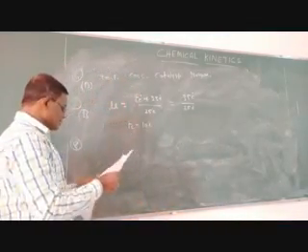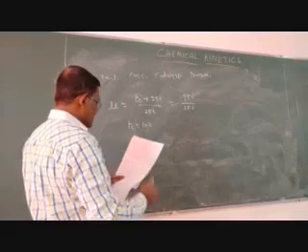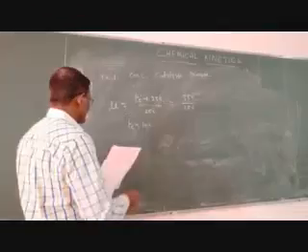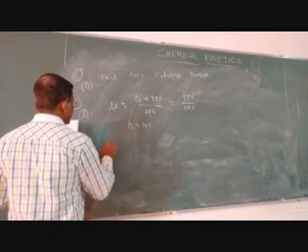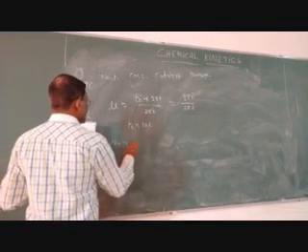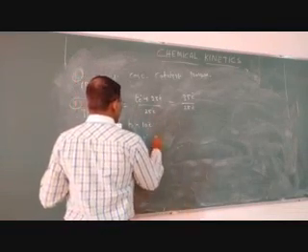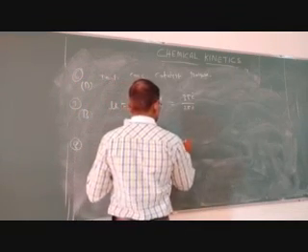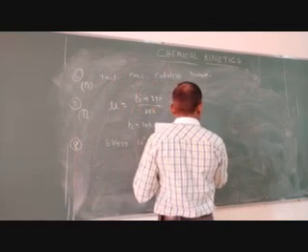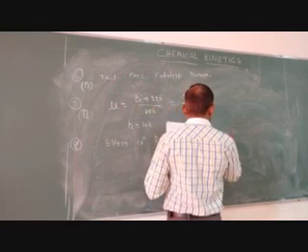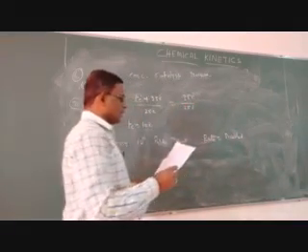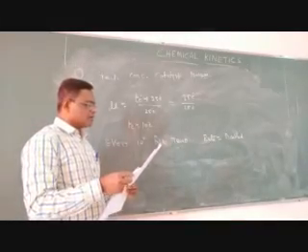So what is meant is: for every 10 degrees centigrade rise of temperature, the rate becomes double.